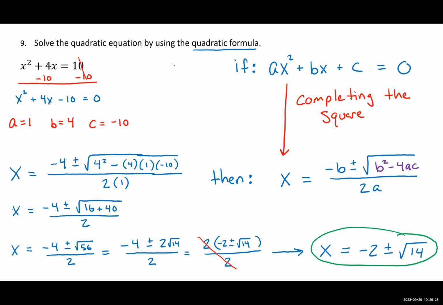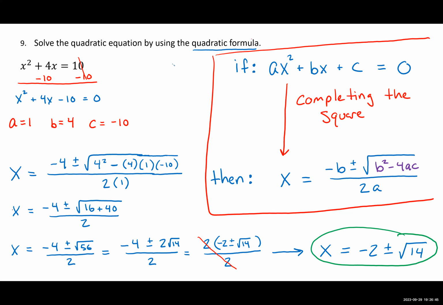We have two answers because the formula, the quadratic formula, which is this, the quadratic formula contains a plus minus. So that means you have one answer with the plus, -2 plus the square root of 14, and one answer with the minus, -2 minus the square root of 14.